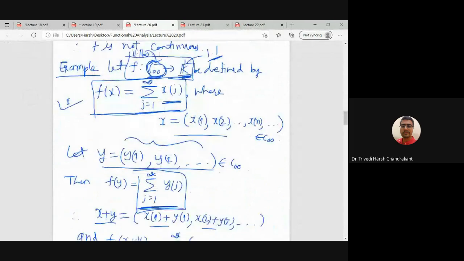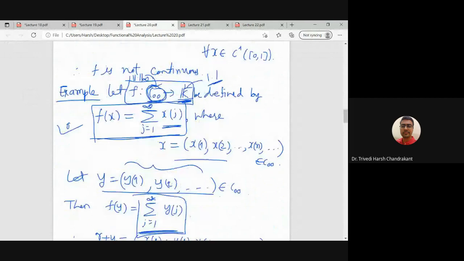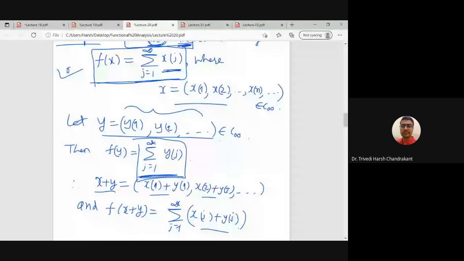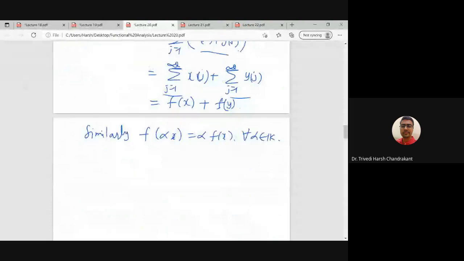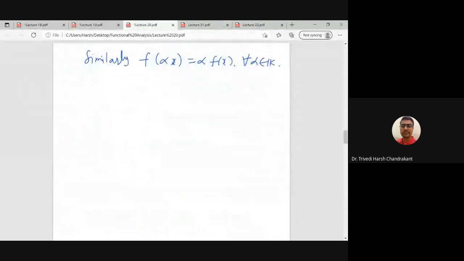Right, on C00 we can define two norms, in fact three norms: supremum norm, one norm, and two norm also we can define. So with respect to supremum norm, we have discussed that this is a discontinuous function.